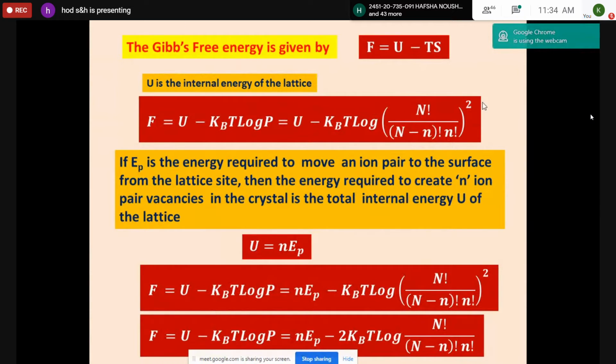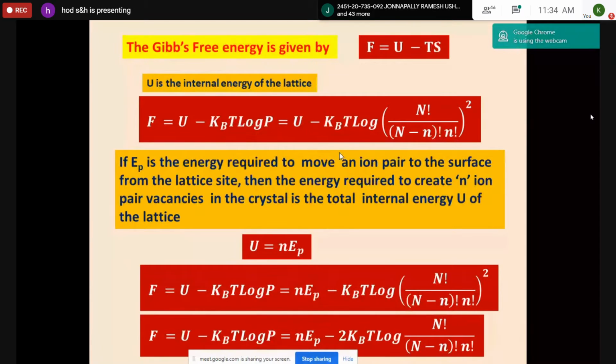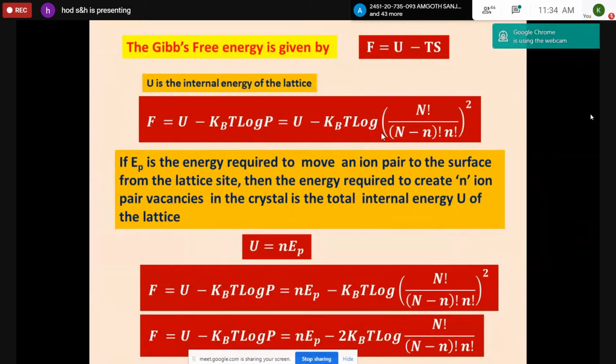This is the expression for P. So the Gibbs free energy can be expressed as F is equal to U minus KBT log P. So we are substituting for S in Gibbs free energy. Please note this one.